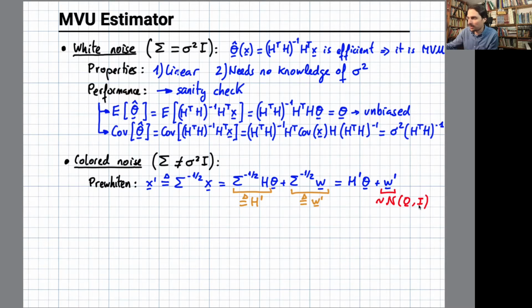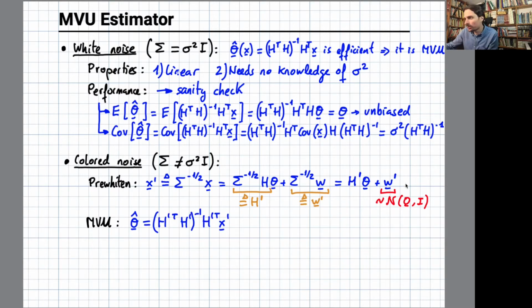And now we see that it is actually white. The covariance matrix is a scaled identity. In particular, it is the identity matrix. So this is why we call this x prime the pre-whitened data. This is a trick that we can always apply whenever we know the covariance matrix.